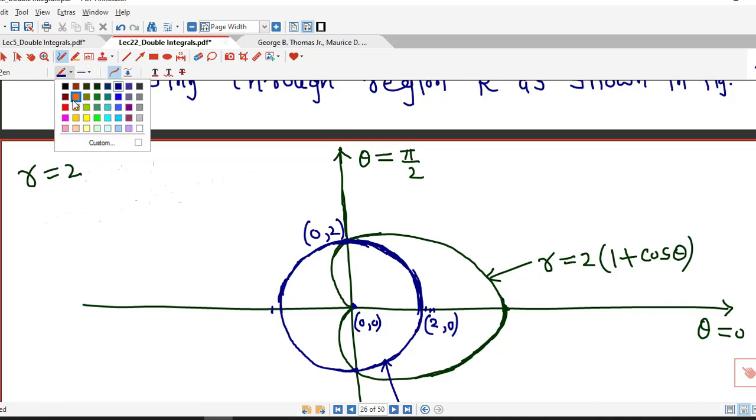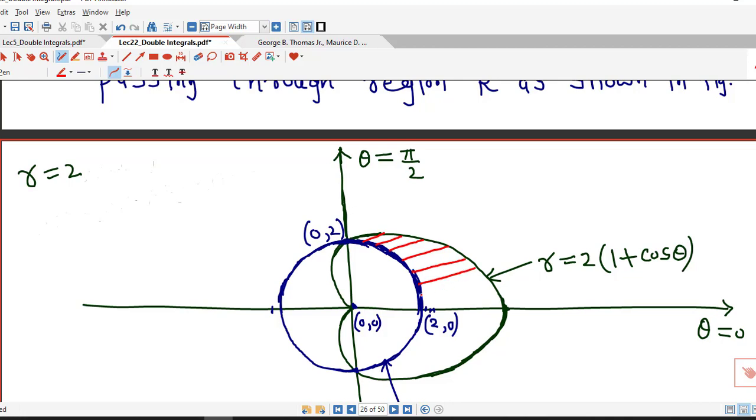So we are interested in this region. This is the region of integration, which is outside the circle r equal to 2 and inside the cardioid, and we have to integrate our function in this region.